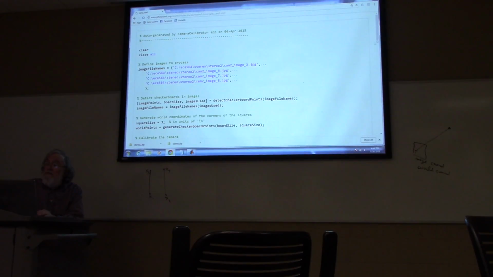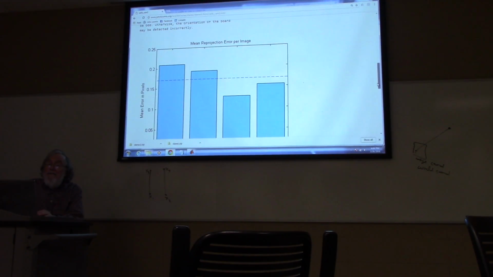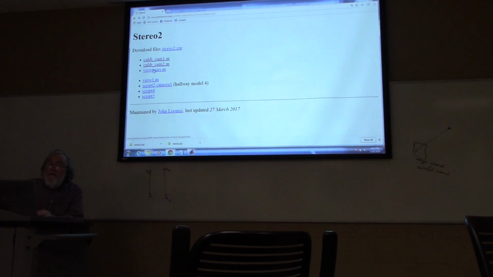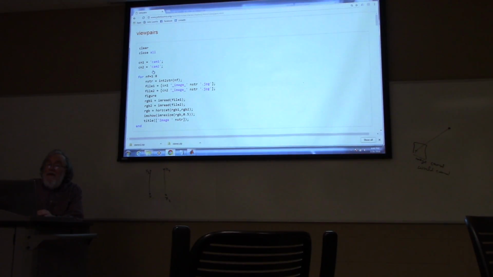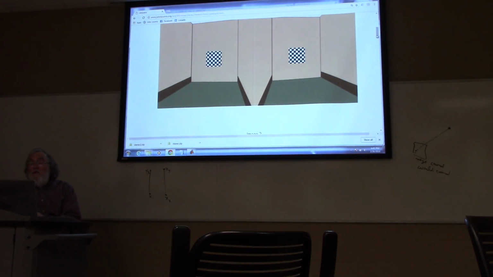Calibrating camera 2. Now we're looking at the two scenes side by side.